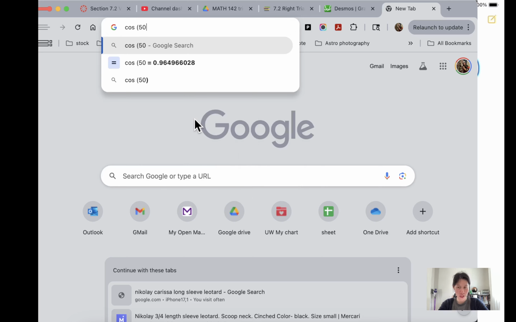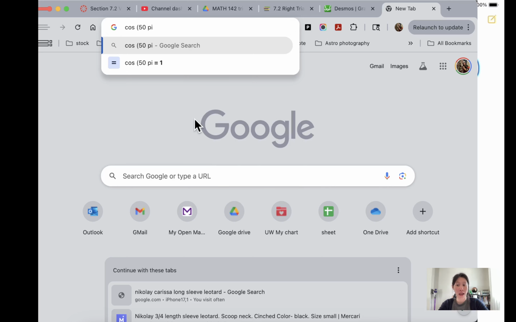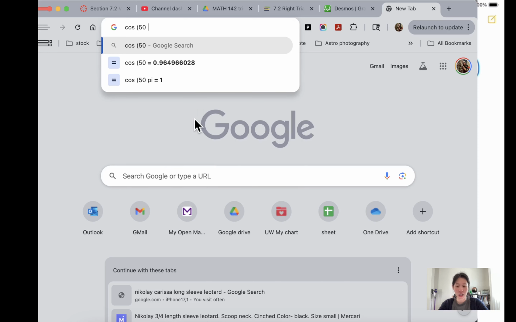But if it's just 15, the default will be radians, which means they will consider this as 15 pi instead of 15 degrees. So you need to type in degrees, and then they will give you the answer, which is 0.642787. The next thing I want you to keep in mind is to make sure that you put in degrees instead of radians.